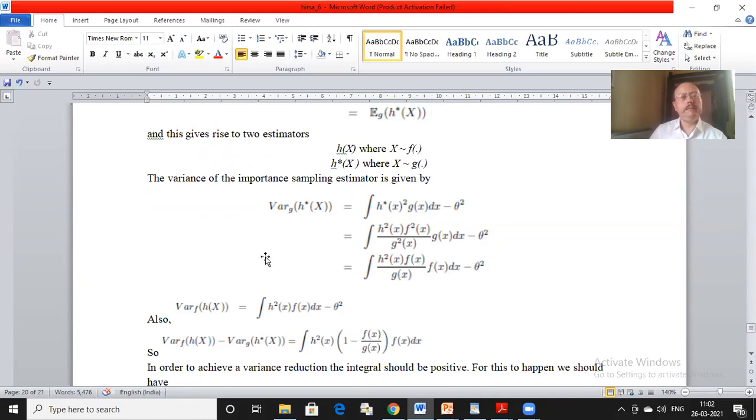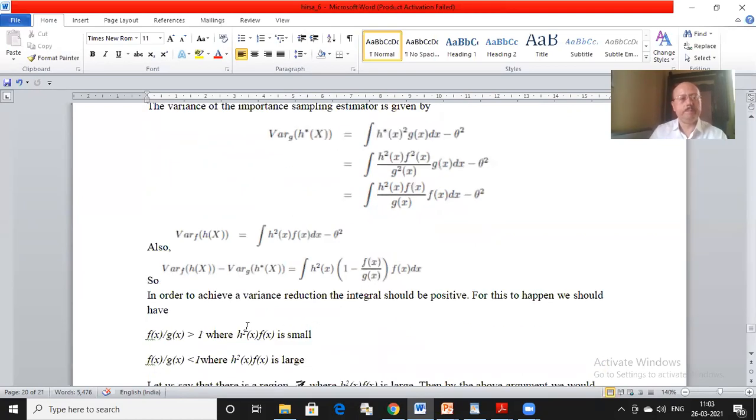Now the variance of H under F, which is our alternative estimator, is straightforward: H square Fx dx minus theta square. So we are looking at the quantity which is our supposed reduction in variance, given by the variance under F of H minus the variance of H star under G. This is the supposedly reduced variance.